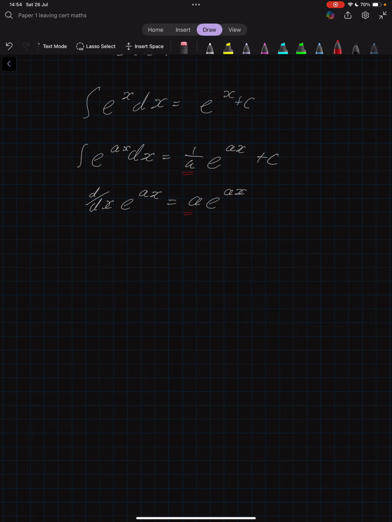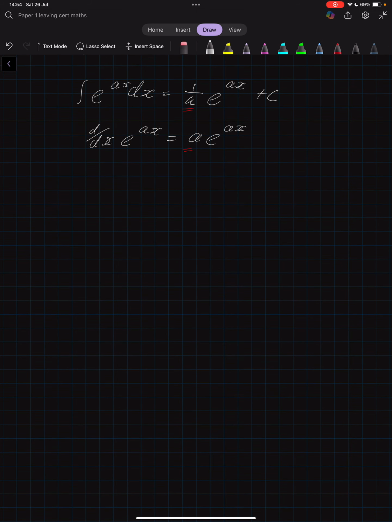All right. Now I'll do one of the integrals, which I think is quite hard. It says solve this. So what we have is the integral of e to the x minus e to the negative x dx.